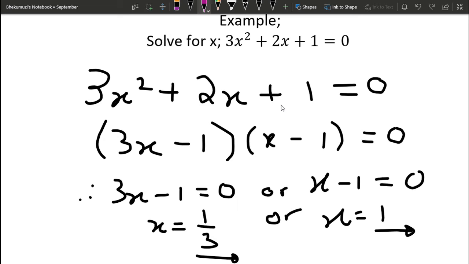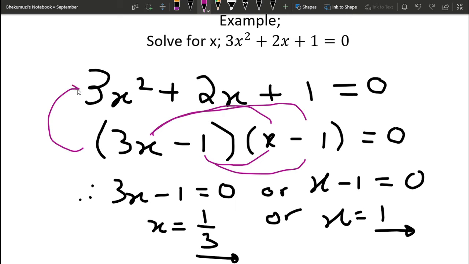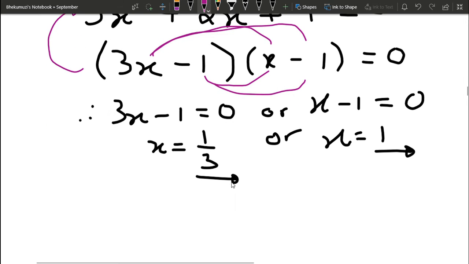So we keep the 3, and we realize that in actual fact it is (3x minus 1) and (x minus 1). And how do you know that this is correct? You know because if you check it by using the FOIL method, you will arrive at your original quadratic. Then you use the equation and find your final answers, which are 1 over 3 and 1.